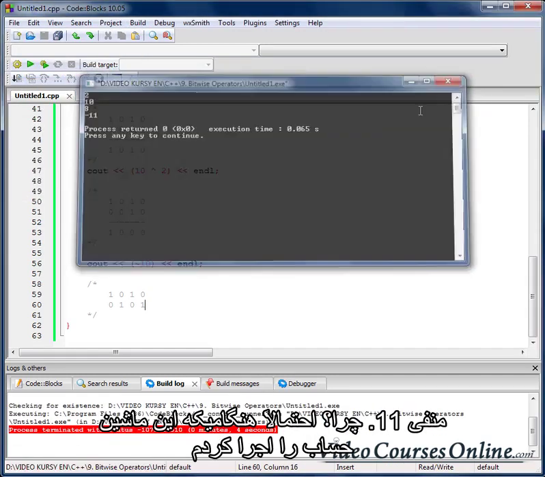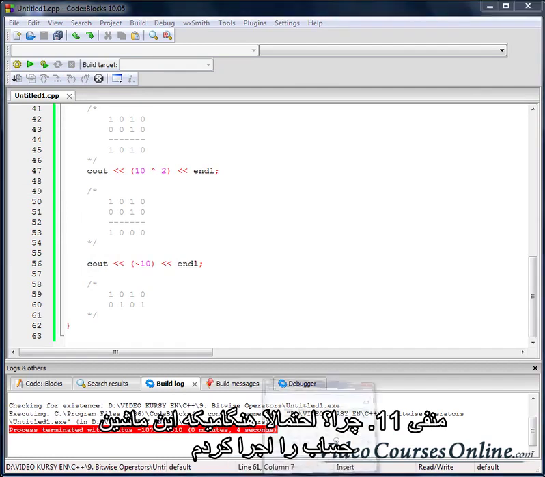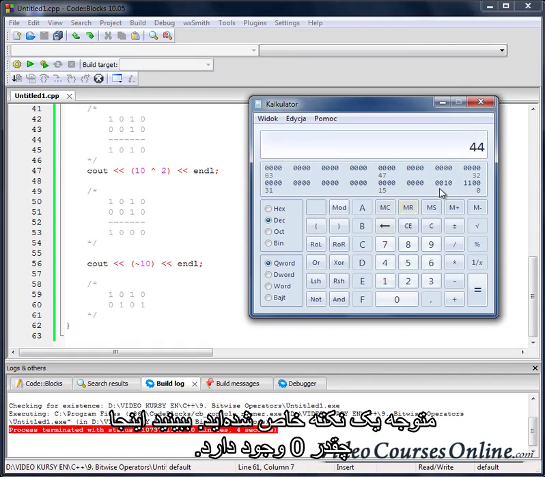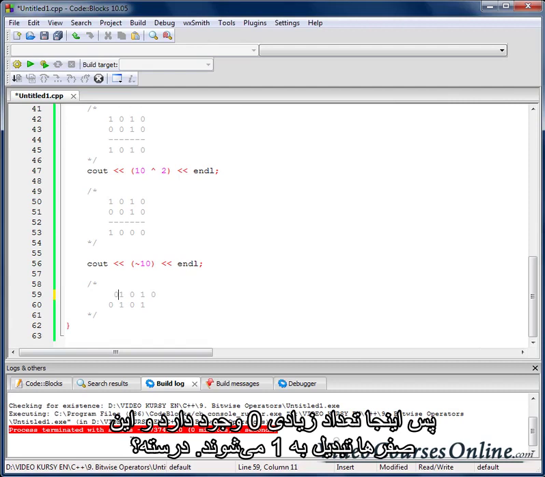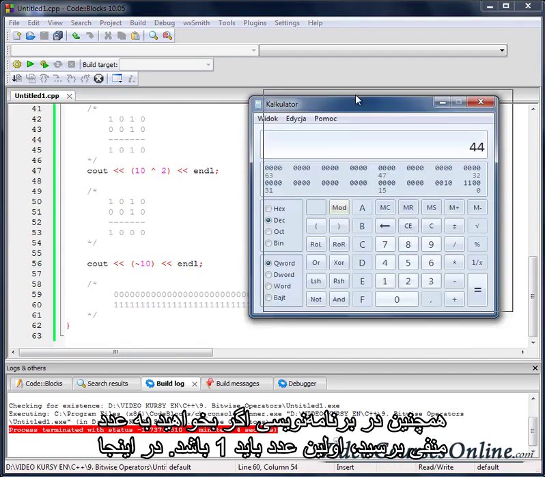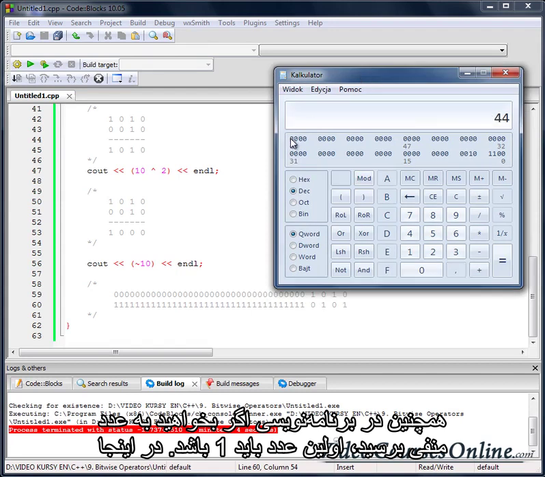minus 11. Why? As you have probably noticed when I was running that calculator here, look how many zeros we have here. So there are so many zeros, and all of those zeros are changed to 1, right? And in programming, if you want to achieve a negative number, the first bit must be 1.